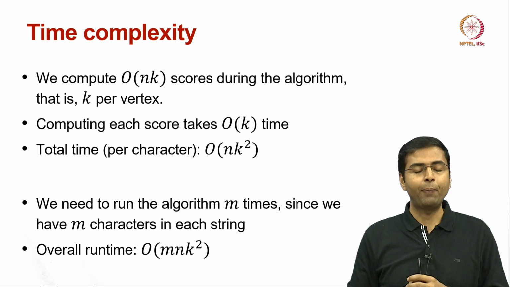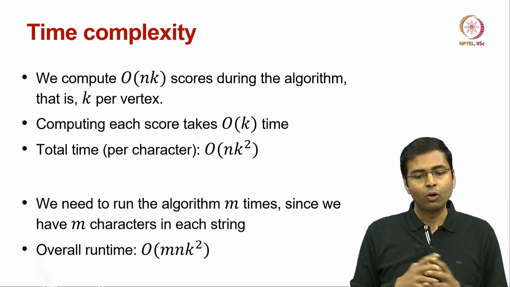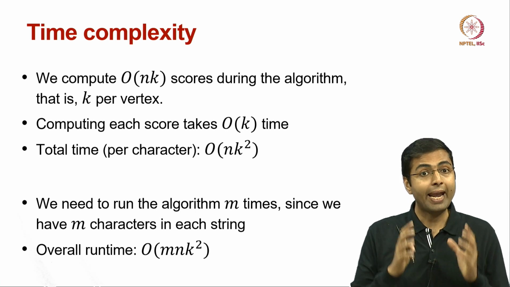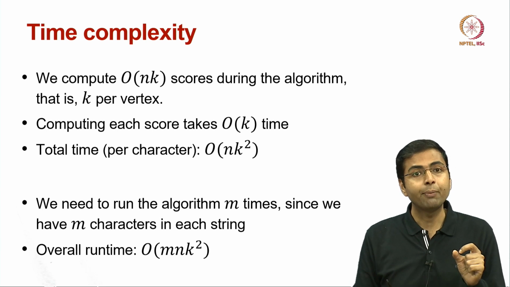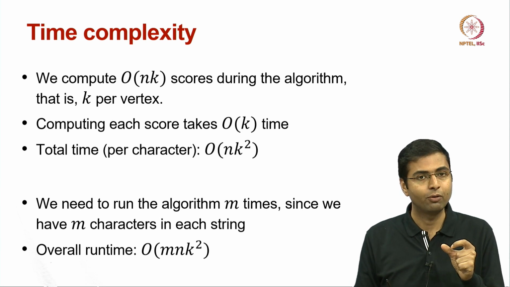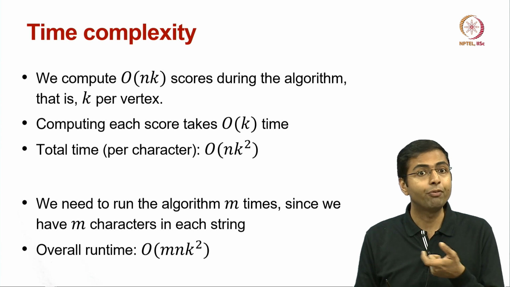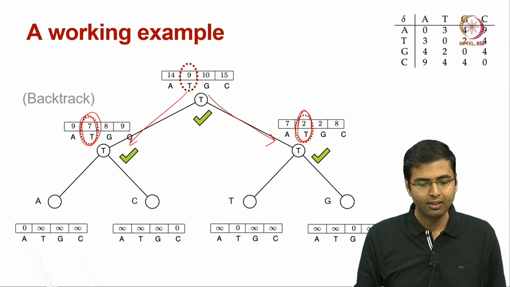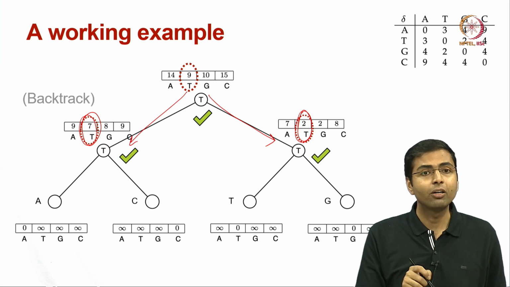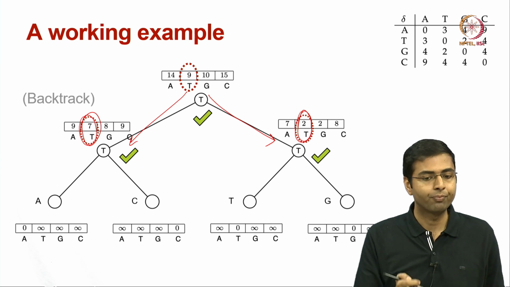If you look at the time complexity, observe that we compute order nk scores during the algorithm, because for each vertex we are computing k different scores, where k is the number of different states. In this example k was 4, because at each node we are filling a table of size 4.